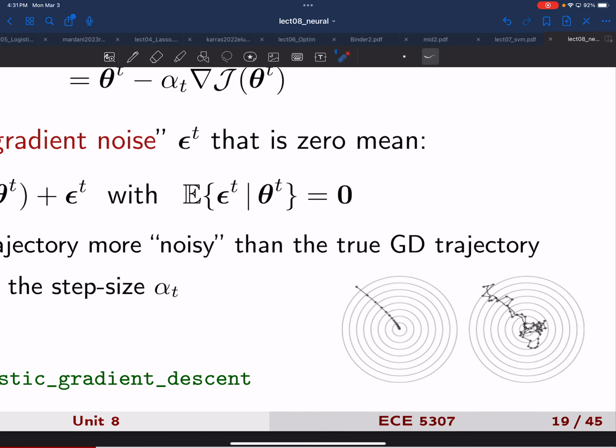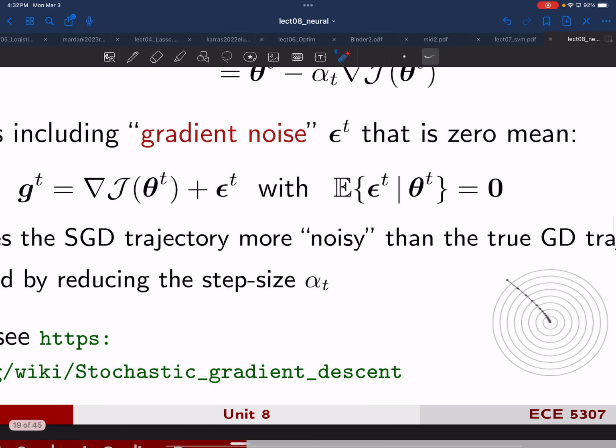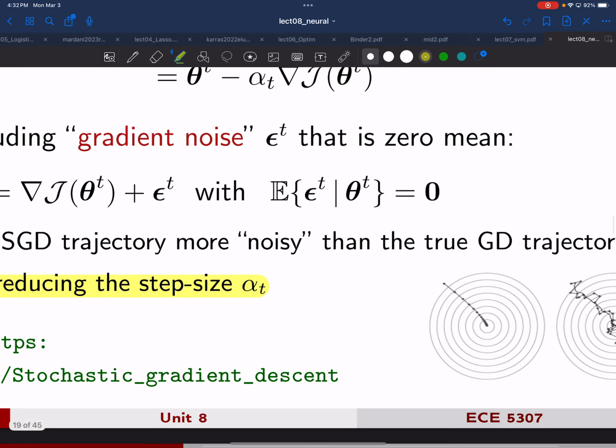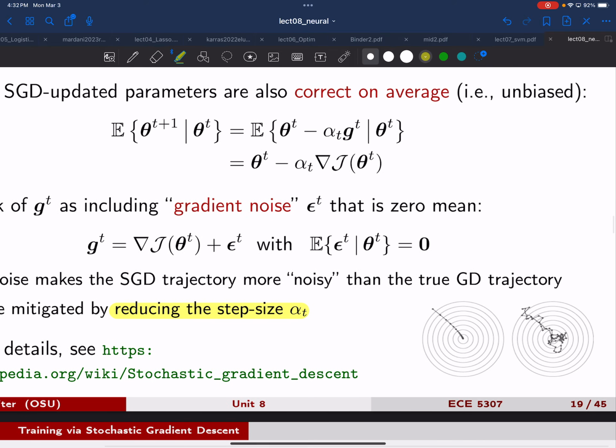Okay. And if you don't like all that wandering around so much, what you can do is you can reduce your step size, your learning rate, alpha t. Essentially what that does is, I don't know, if you've taken signal processing courses and you have like an autoregressive or IIR filter, it's sort of like that.